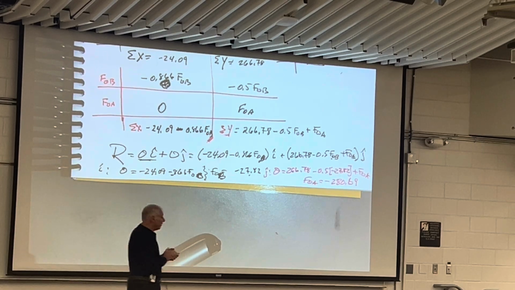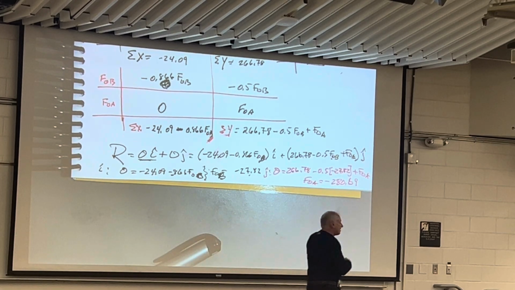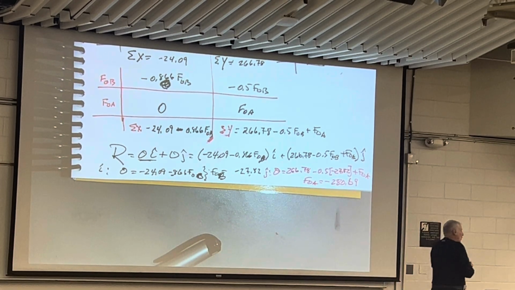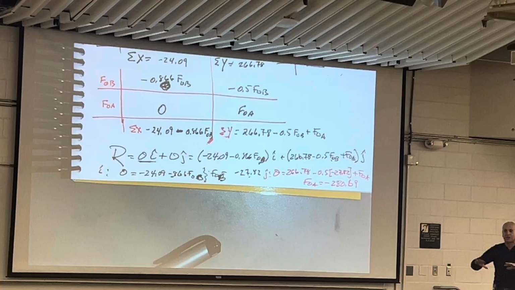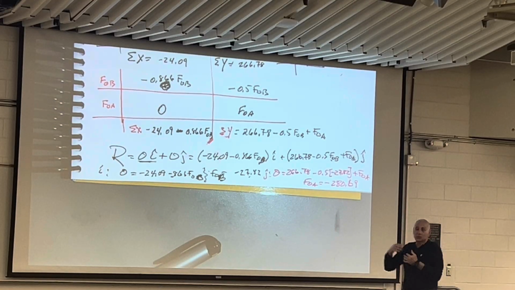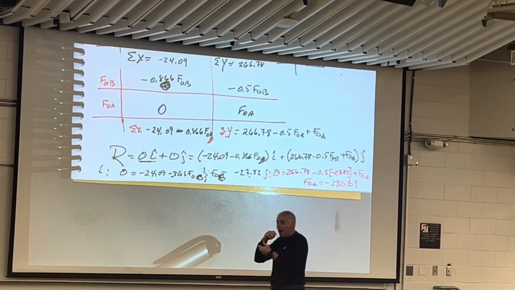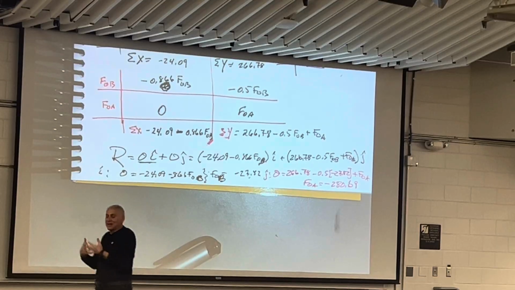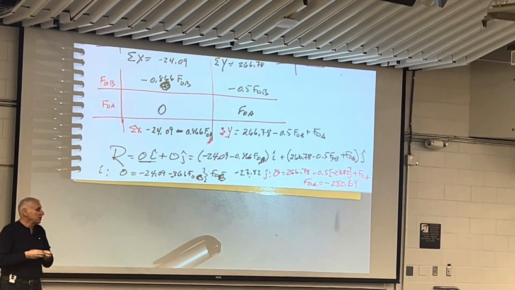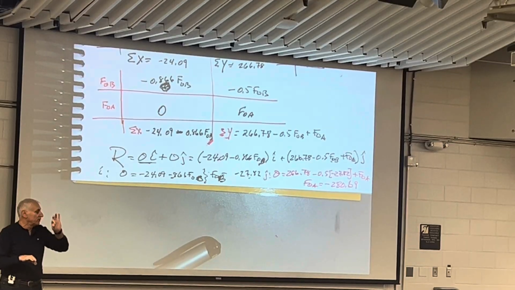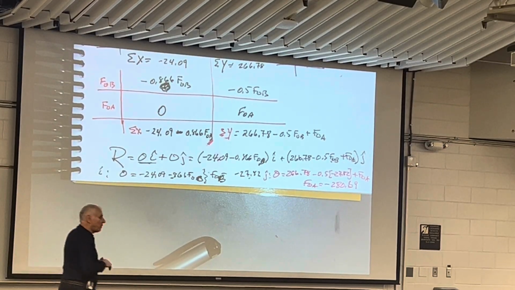Questions on this? This is the component method. I'm sure you're very well versed in the component method. I want to do this problem just to have everybody on the same footing, plus introduce the slope thing, the 3, 4, 5 thing, where I don't have to find the angle because cosine of theta is really adjacent 3 over 5, which is the hypotenuse.